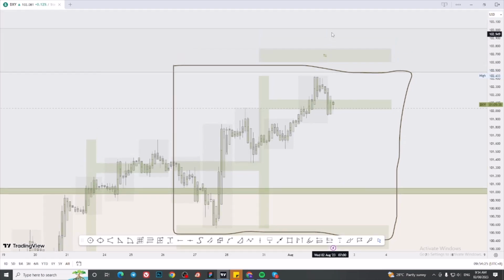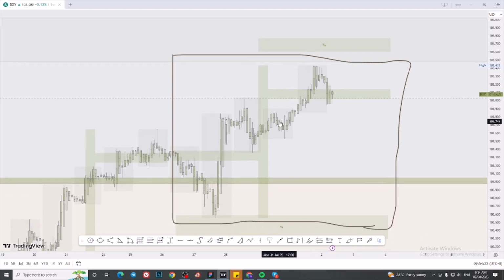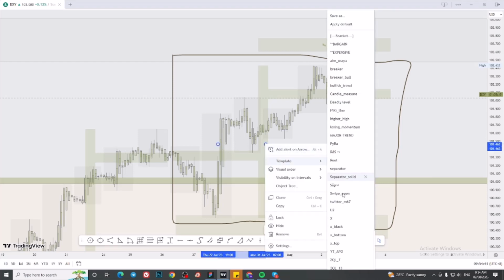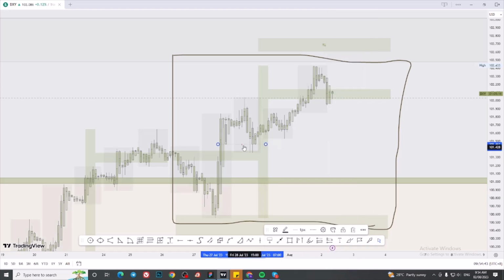If the candles lock from here, we have 103.16, but right now we will just focus on 102. If we find the gap from here, we have a gap from here. If we put it here, this one already took this gap, so it was taken.